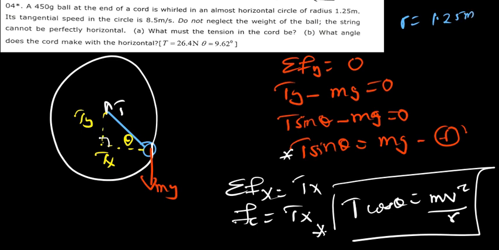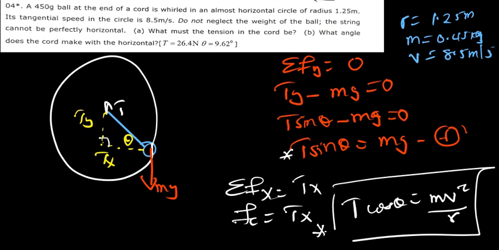What else have we been given? The mass. If I convert that mass, it should be 0.45, right? Yes, sir. Then the speed, we have been told that the velocity is 8.5 meters per second.